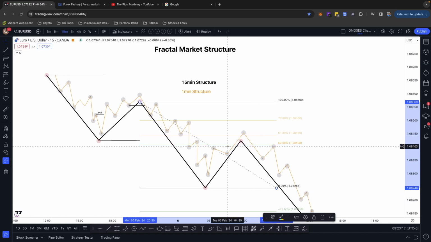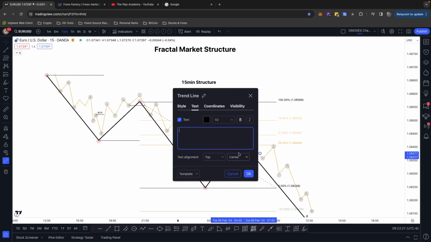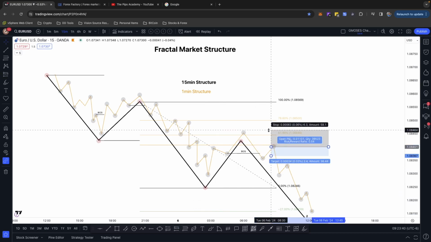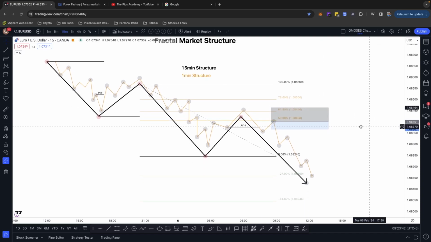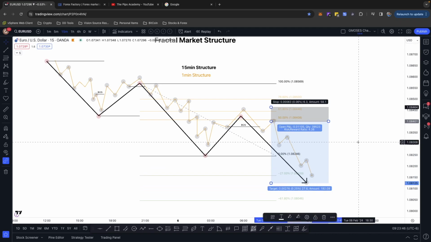However, if we break it down on a smaller time frame, we can say, in this area we got a break of structure, and the anticipation is for price to pull back. When it pulls back to some supply or demand zone, from there we can take an entry. Our risk to reward is really low, and then from there we can ride price all the way down to the swing low.